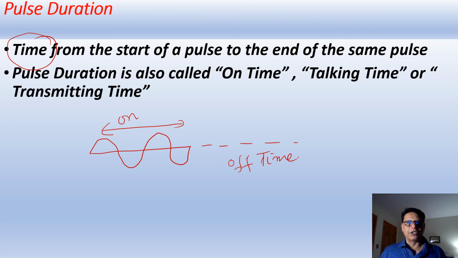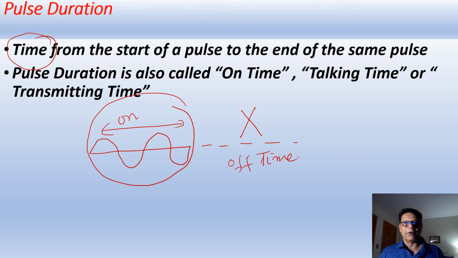In pulse duration, only on time is included, off time is not included. Remember this point: on time is the time in which the pulse is being created, and not the time in which there is no pulse, which is the off time of the transducer.